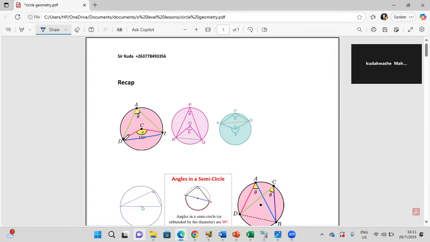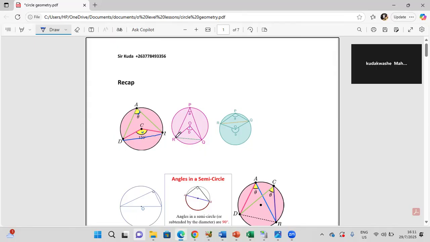They are all sharing this line BD. They are all sitting on the baseline BD. In that case, the triangle that's going to the center makes an angle which is 2 times the one that is going to the circumference.